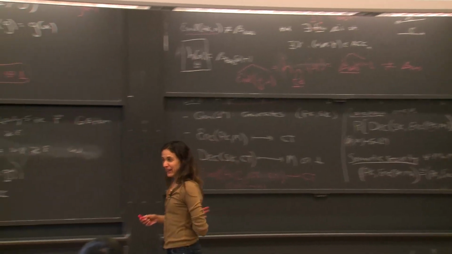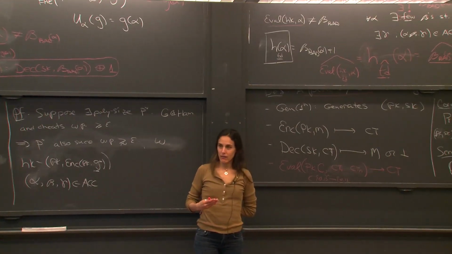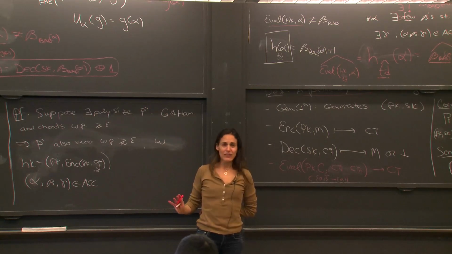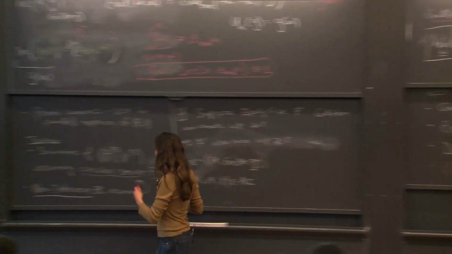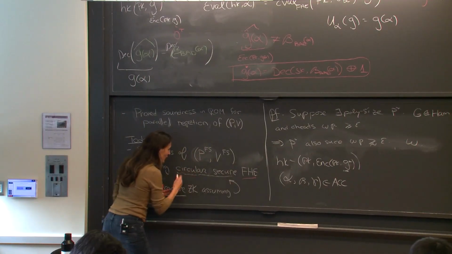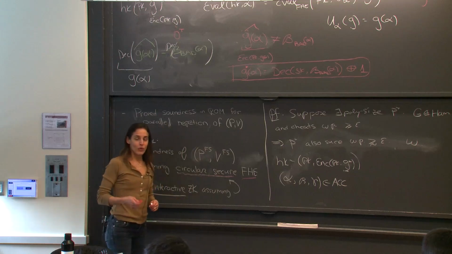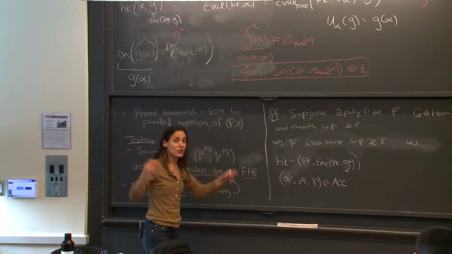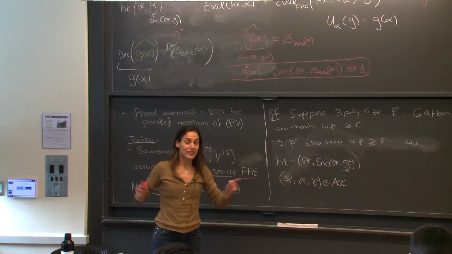But here I'm saying you cannot distinguish between encryption of the secret key and encryption of, let's say, other bits. That's a different story. And indeed, we assume what's called circular secure FHE. So we assume that you cannot distinguish between encryption of the secret key and encryption of the all zeros. That's an assumption.